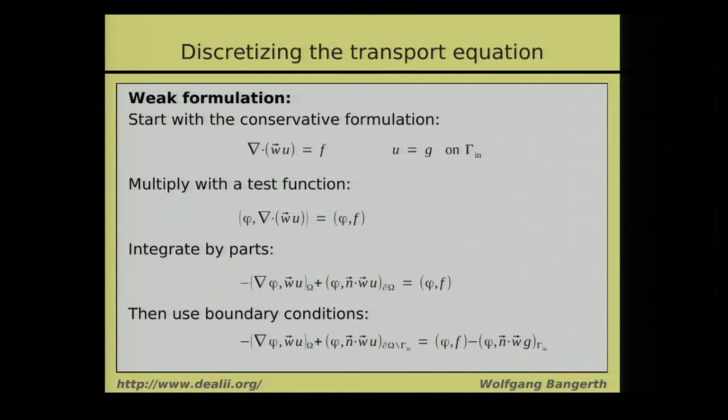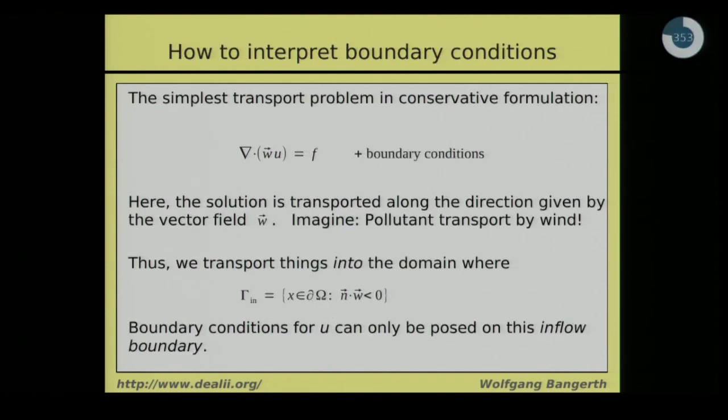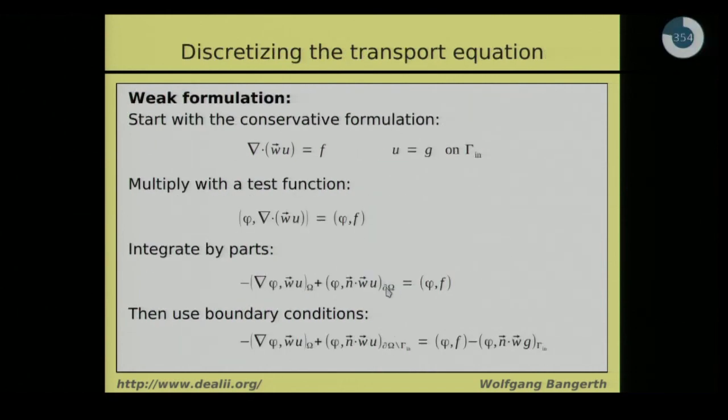Now, what I need to do is split the boundary into the inflow and the outflow part. On the inflow part, I have posed boundary conditions, which I don't have on this slide here. On the inflow part of the boundary, I say that u equals g. That's the concentration that exists on the boundary in those places where something flows in.